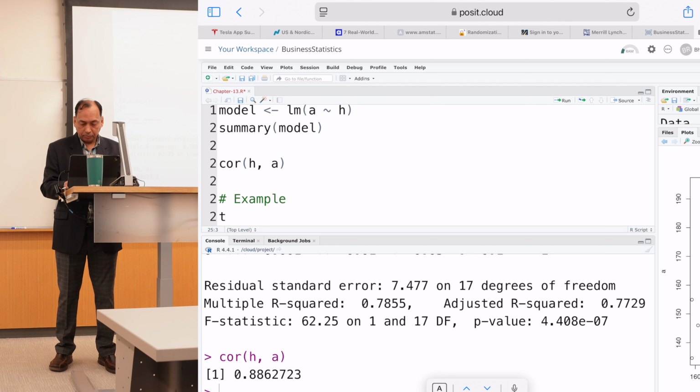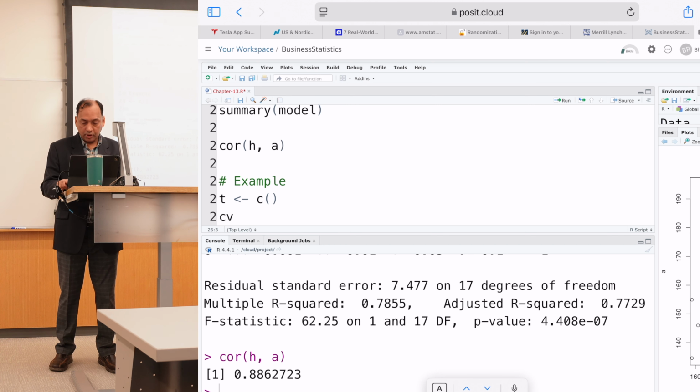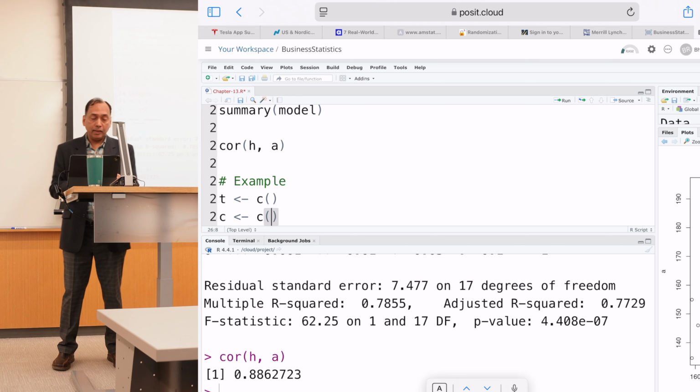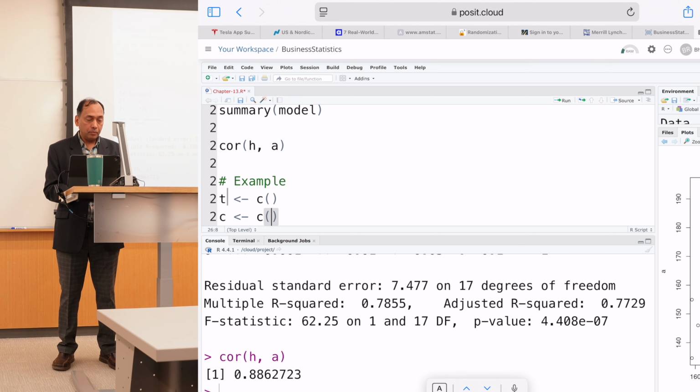Temperature, small t. And we can use C for cones. So this is given by us. This is an object that we can call anything. We can call it temperature also, temperature.